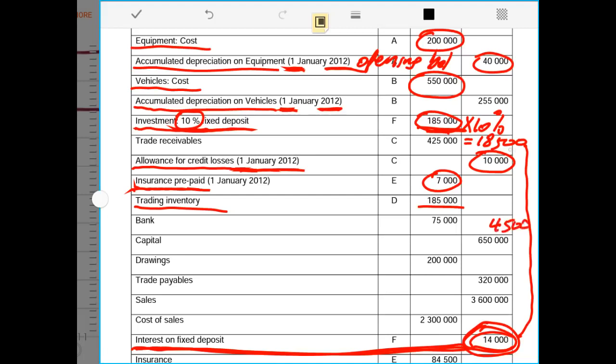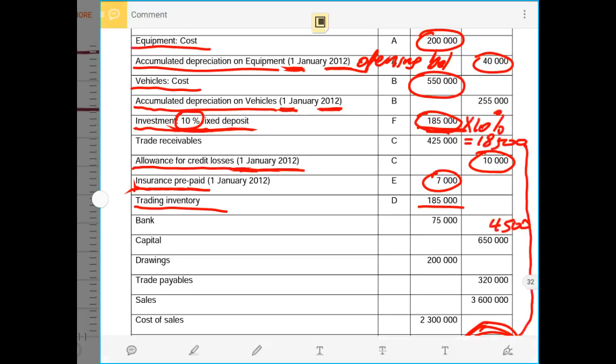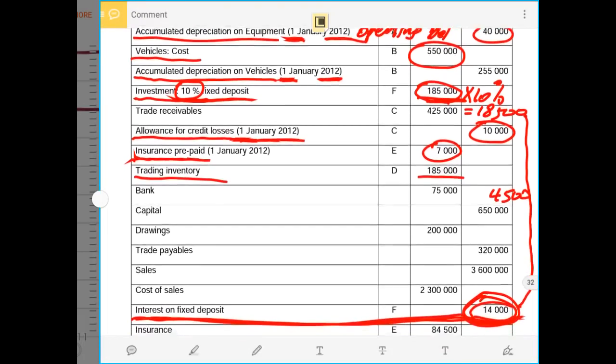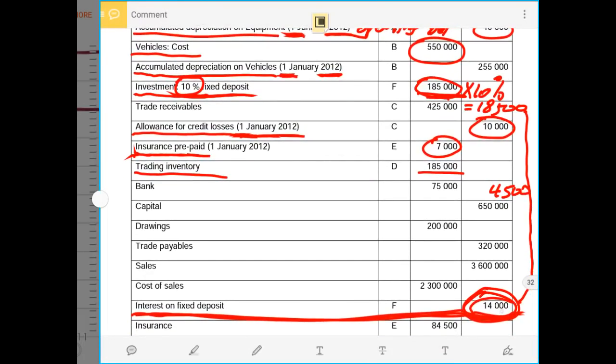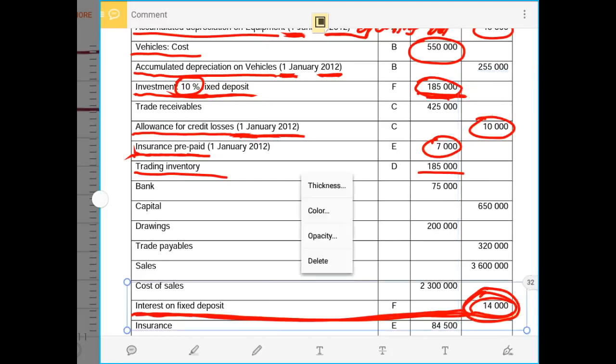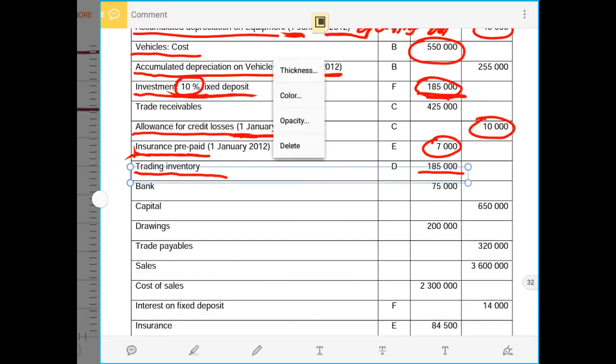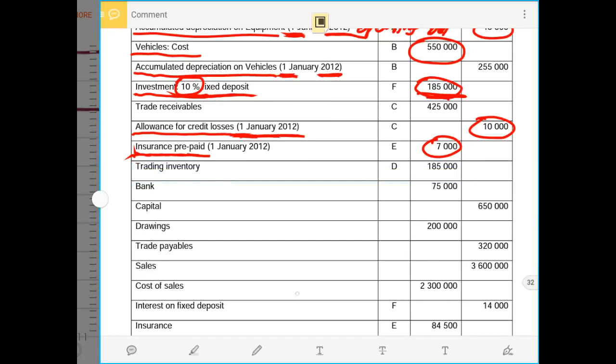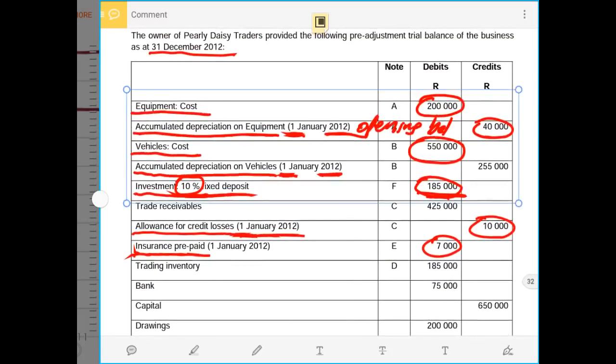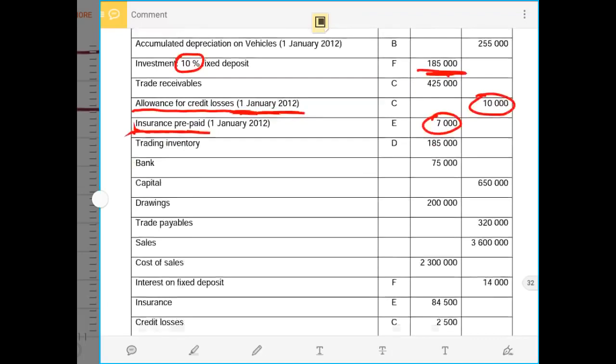If we say 18,500, the amount that was supposed to be received, minus 14,000 that was already received, therefore now we are realizing that we received less interest income than we were supposed to have received. Therefore now the difference of 4,500 will be recorded under trade and other receivables as accrued income, increasing our receivables. So let me just slowly continue with my transactions.